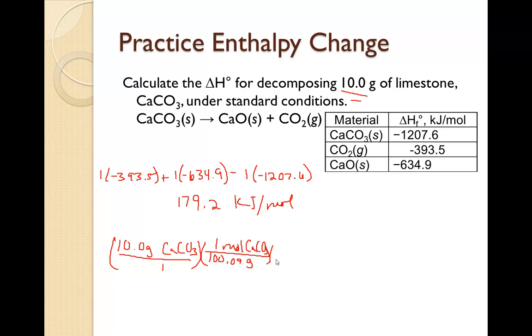So when 1 mole of calcium carbonate decomposes, it gives off 179.2 kilojoules. Alright, so 10 divided by 100.09 times 179.2 is 17.9 kilojoules. And that's how you incorporate enthalpy into chemical reactions.